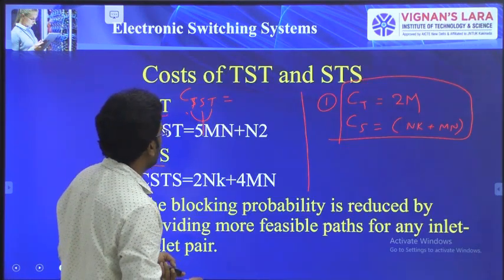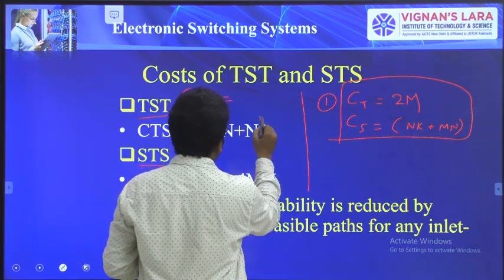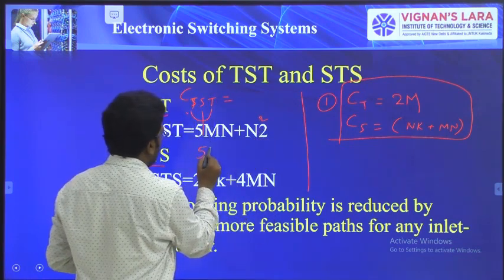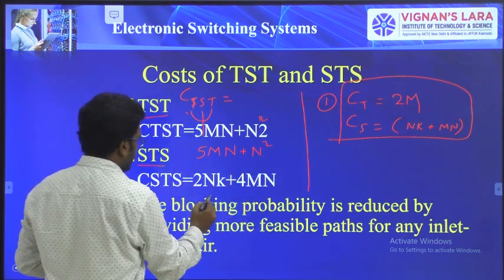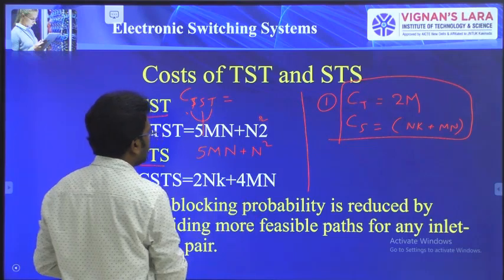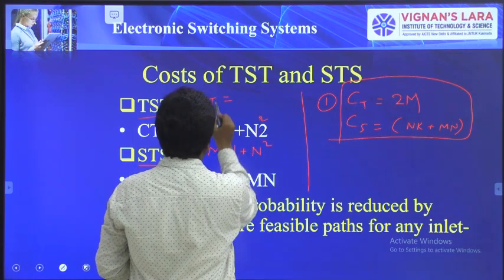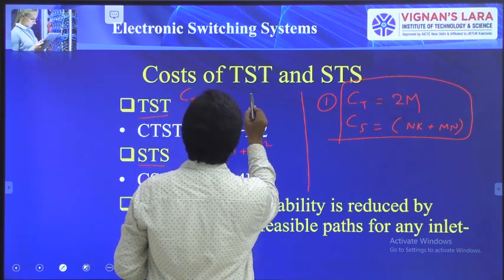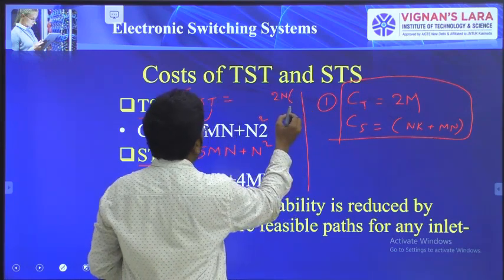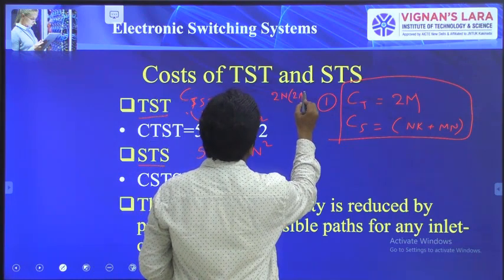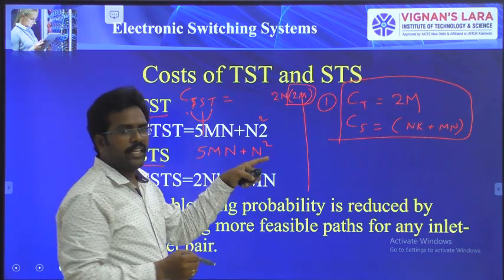For the time switches, the cost of one is 2M, and how many are there here? 2, right?